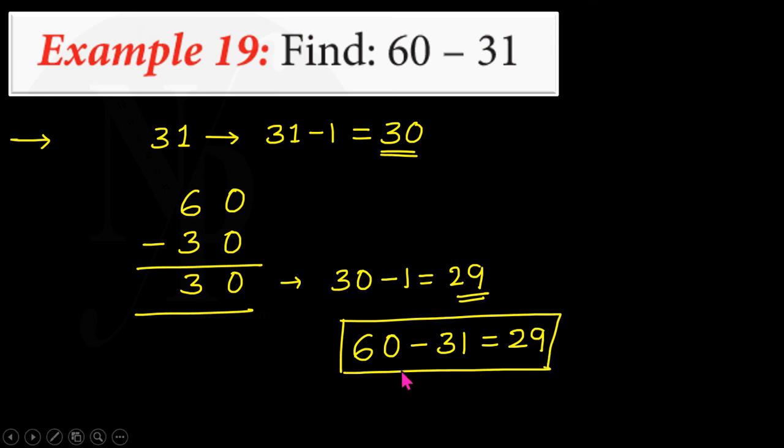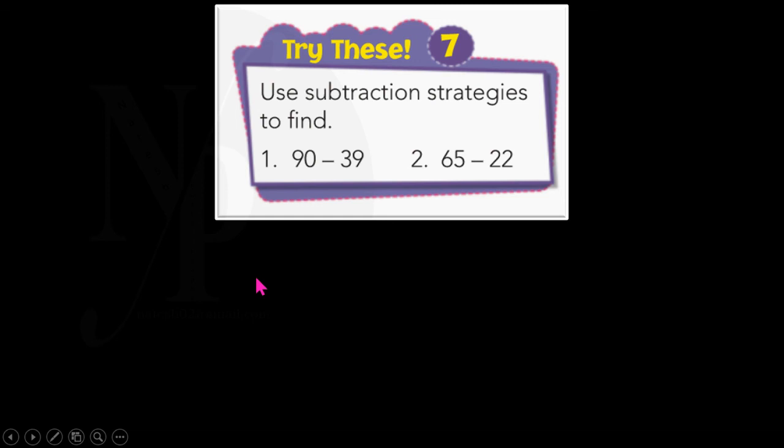So like this, subtraction can be made simpler. Try these. Number 7. Use subtraction strategies to find number 1, 90 minus 39. Question number 2, 65 minus 22. So now let us use the subtraction strategies to find the answers.